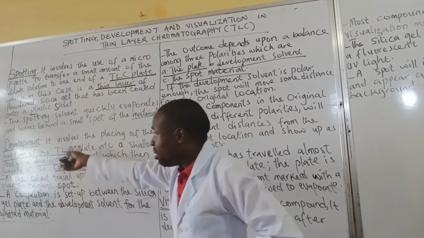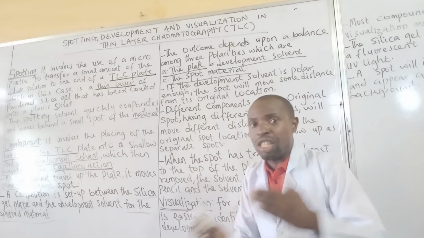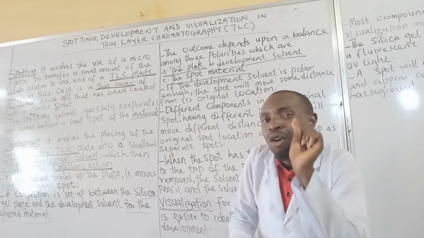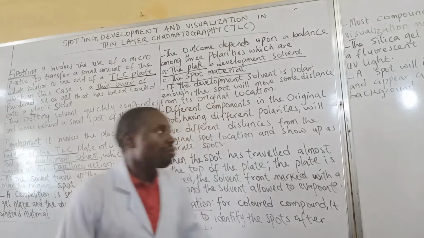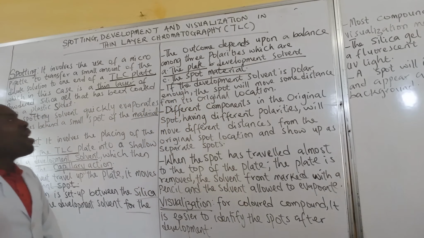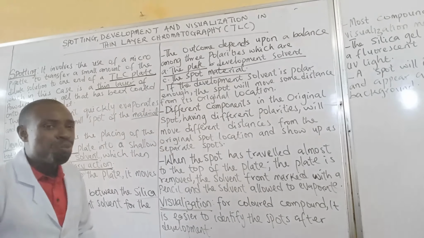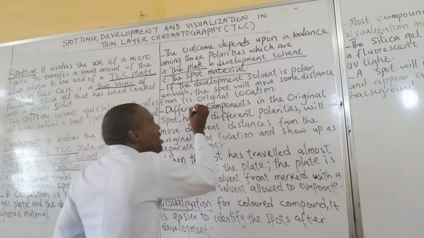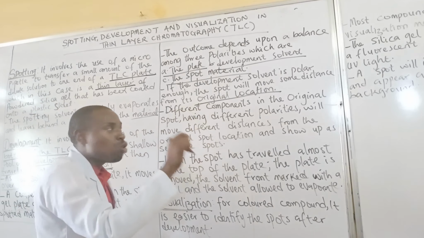Remember that at this initial stage, we have said that a competition is set up between the silica gel and the development solvent for the spotted material. If the development solvent is polar enough, the spot will move a distance from its original location.